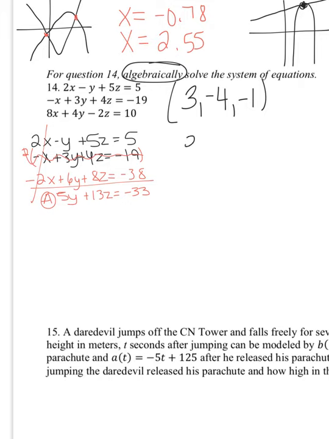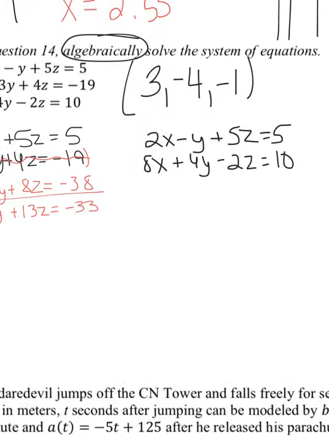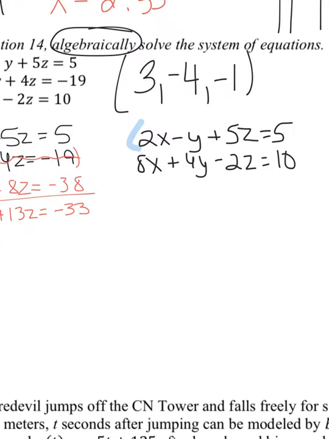So 2x minus y plus 5z equals 5. 8x plus 4y minus 2z equals 10. I have to get rid of the x variable again. So I'm going to multiply the first equation by negative 4.